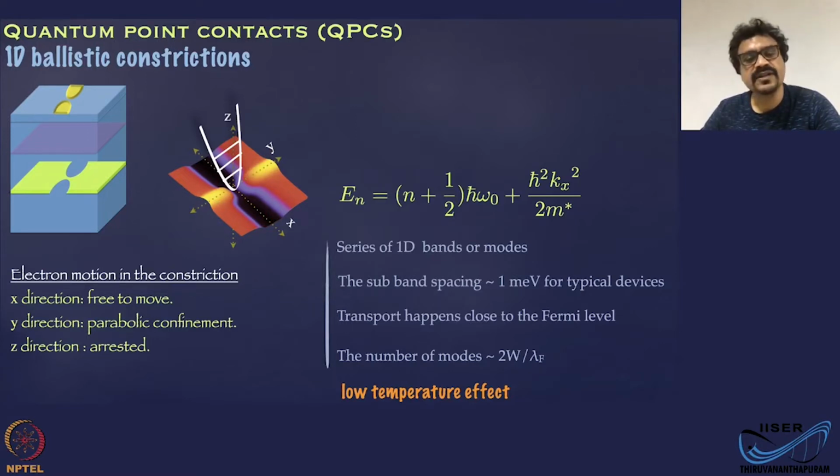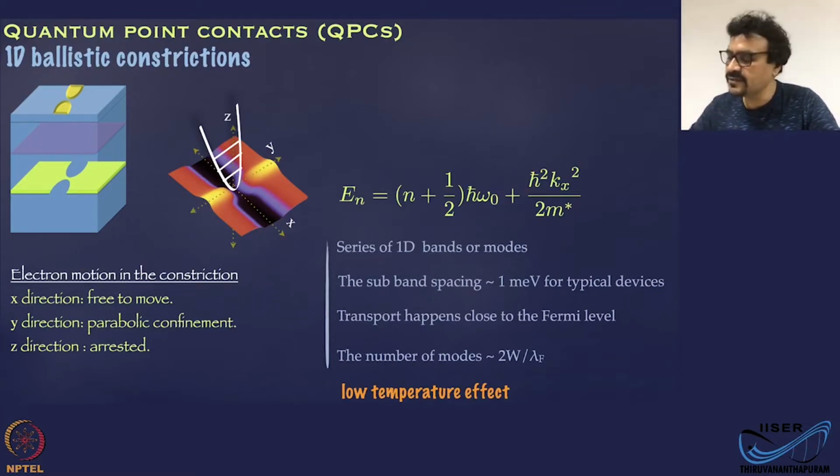Now the illustration here shows roughly how the potential energy landscape is going to look once you have all these voltages turned on. The energy of the electron is given by the energy in the y direction, that is the quantized energy of a parabolic well, plus the free particle energy along the x direction.